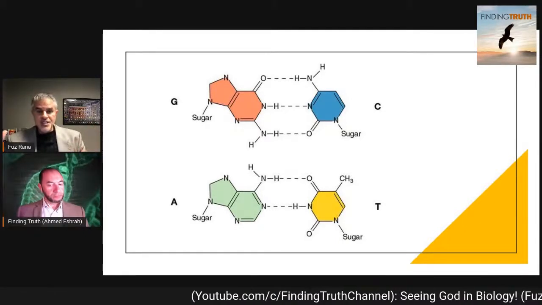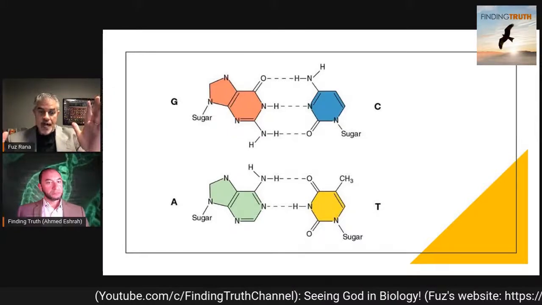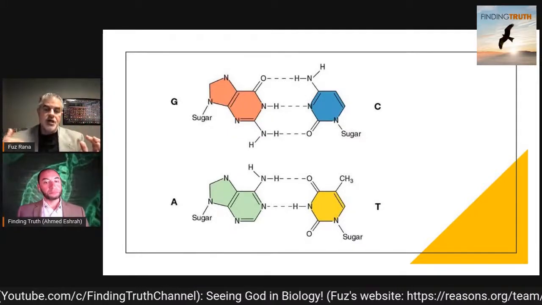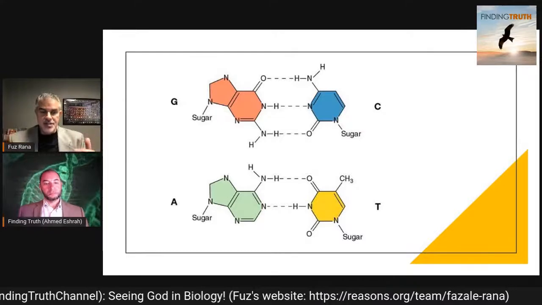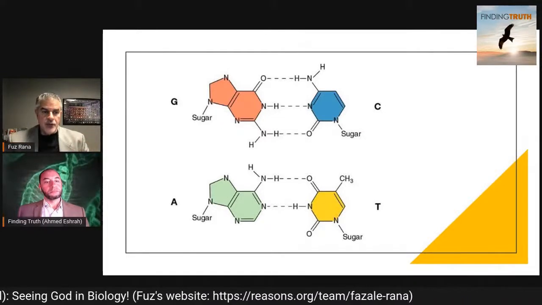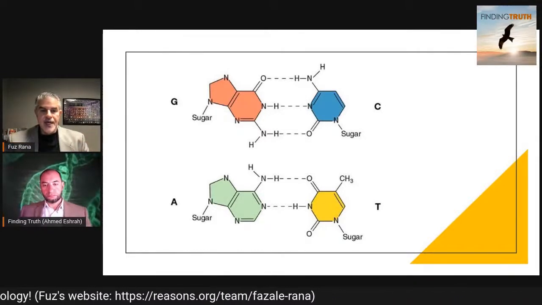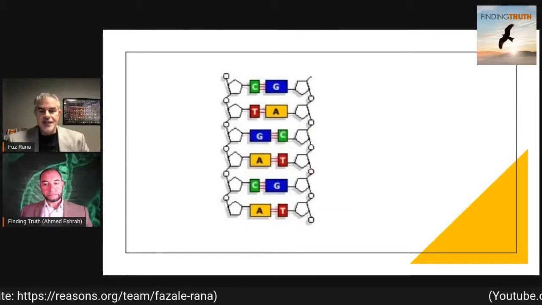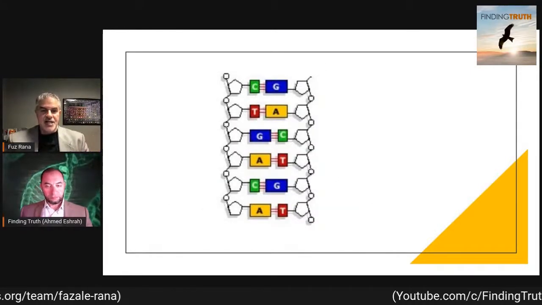So if you know the sequence of genetic letters on one strand, you're going to know the sequence on the opposite strand because of these complementary base pairing rules. So in this particular cartoon, it's emphasizing this point.